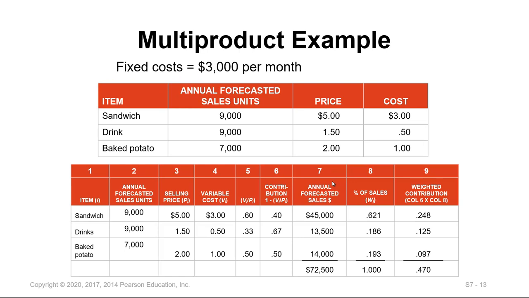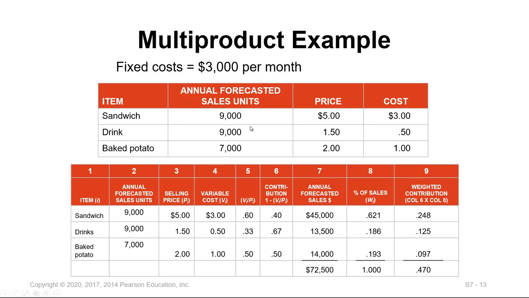This is a multiple product example which addresses products such as sandwich, drink, and fries. So basically, we are talking about a restaurant here that will sell these three products. The table in this slide shows the annual forecasted sales units, the price of each unit, and the cost of each unit.